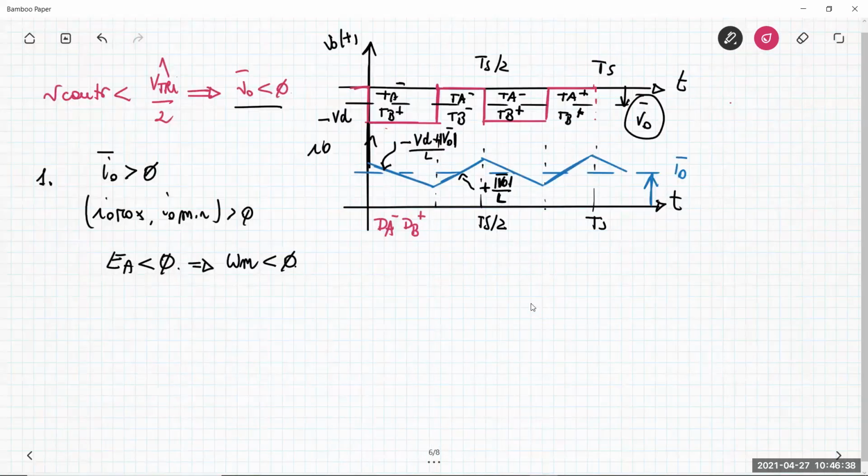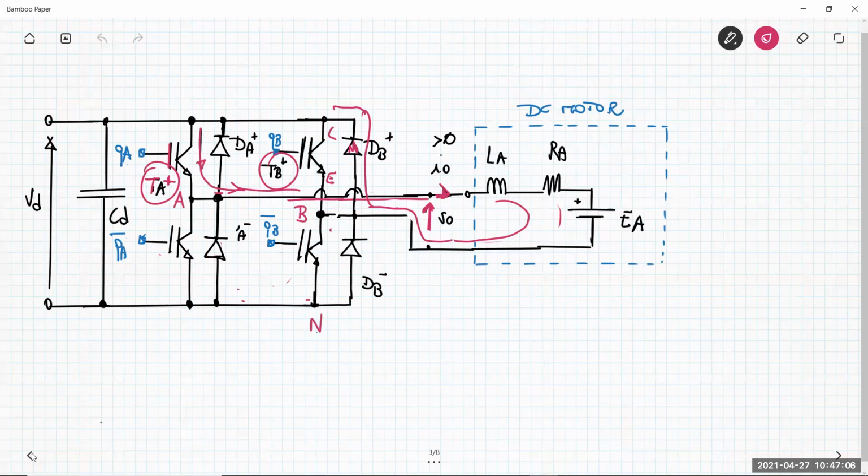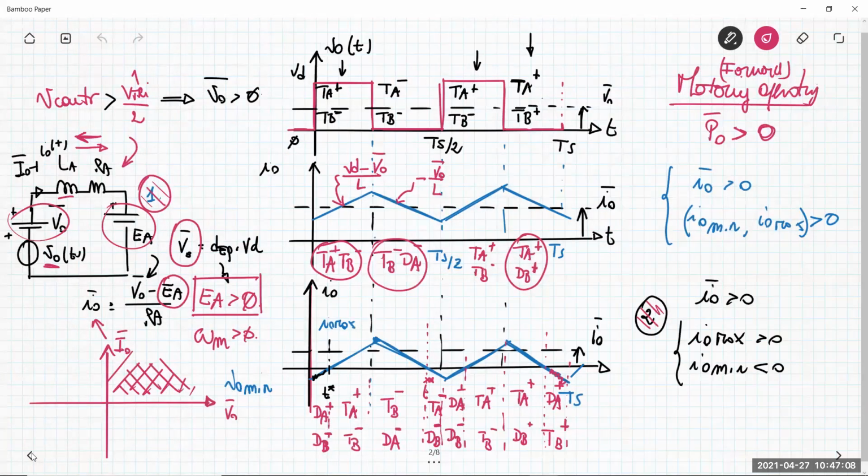So what happens during the third interval? It is the same because it is TA minus and TB plus, so we can put immediately here the behavior. What happens in the second interval? In the second interval, we get TA minus and TB minus, and the current is positive. But this is a situation that we already analyzed, because we have TA minus and TB minus and the current is positive, something that we already got here, for example, in this part.